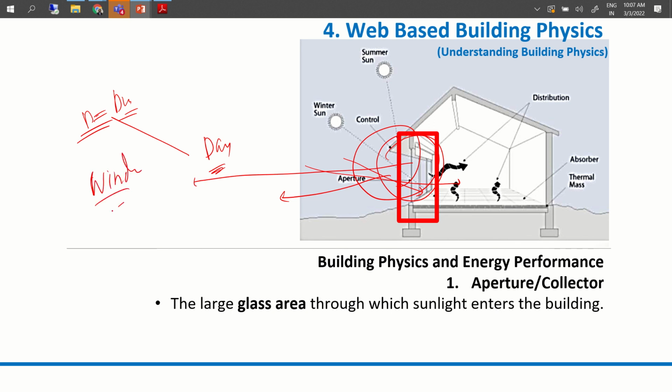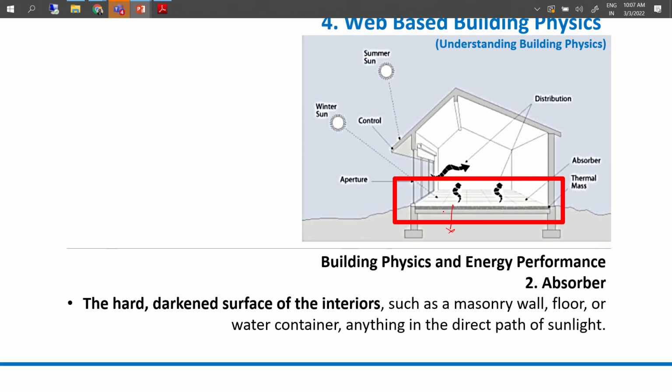In fact, we can model the window itself: what kind of frame we have, what kind of glass we use, all that. So we can use tools specific to these kinds of building physics interactions also. That's what I'm trying to bring out, and we can do the same for other aspects as well.